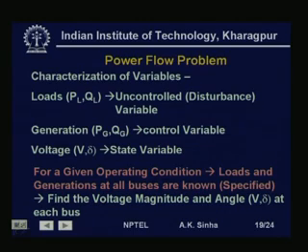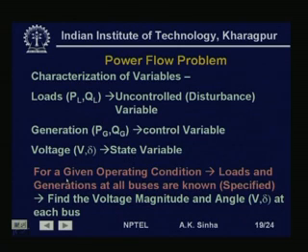The power flow problem is, for a given operating condition, that is loads and generation at all the buses, we have to find out the voltage magnitude and angle at each bus. That is, given the disturbance variables and the control variables, find out the state variable.